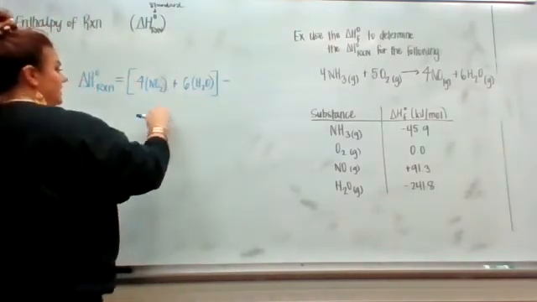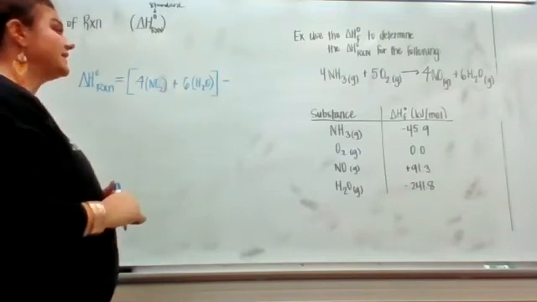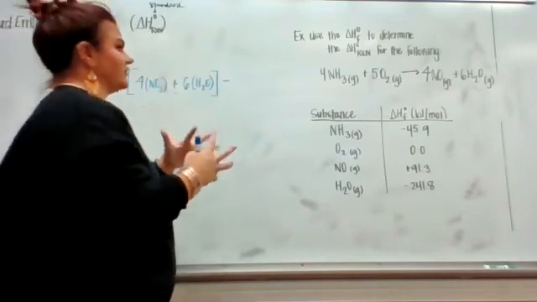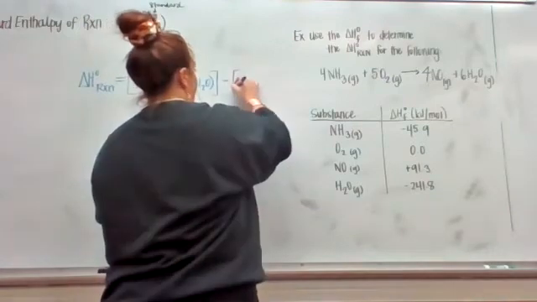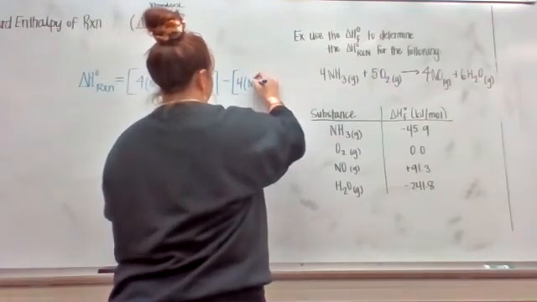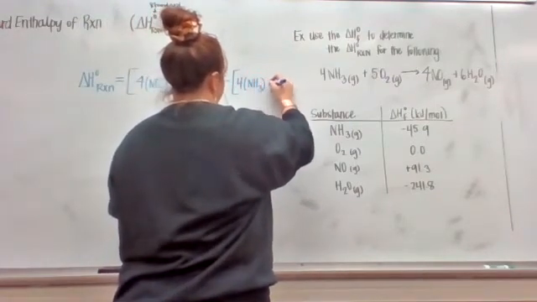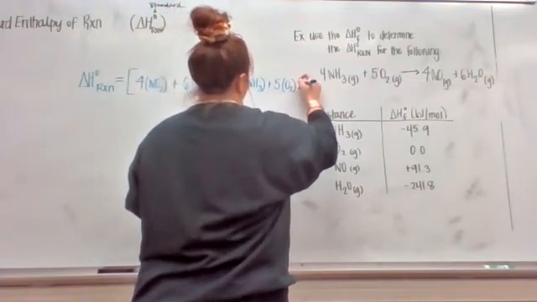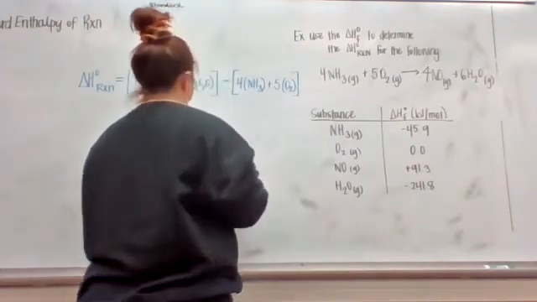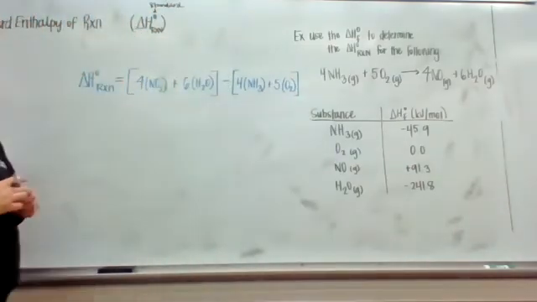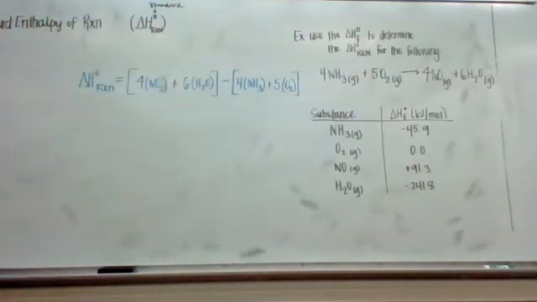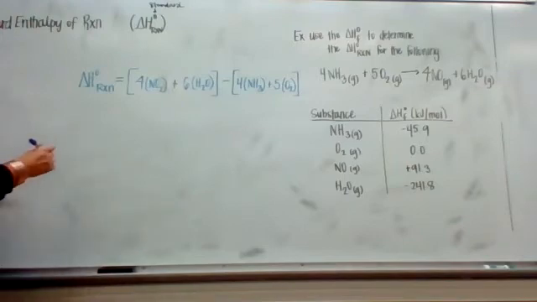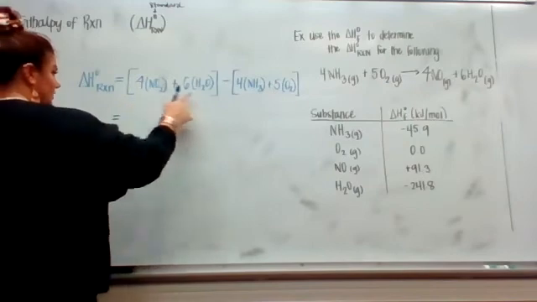I add those together. And then I subtract the sum of my reactants. So 4 times NH3 plus 5 times O2, sorry. Okay, so now go fill in your numbers for what I have in parentheses.